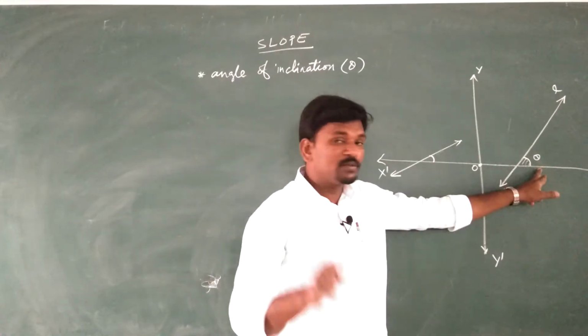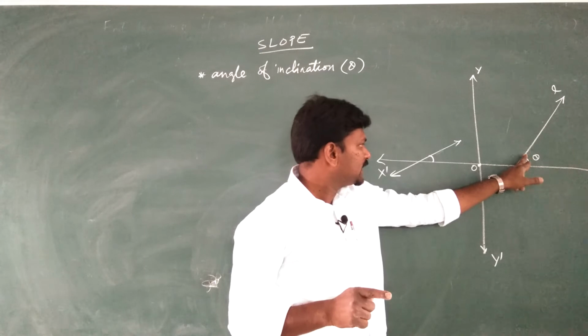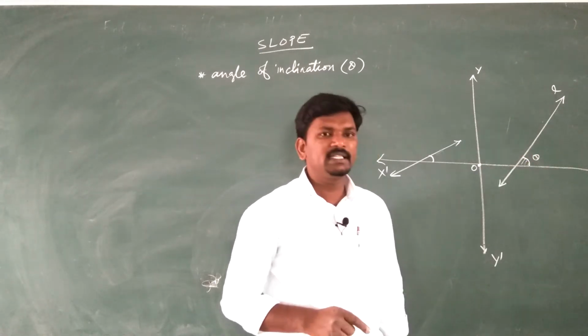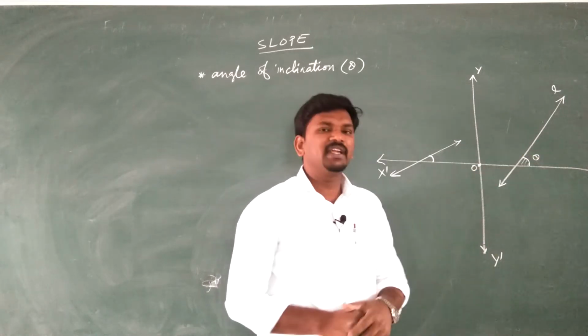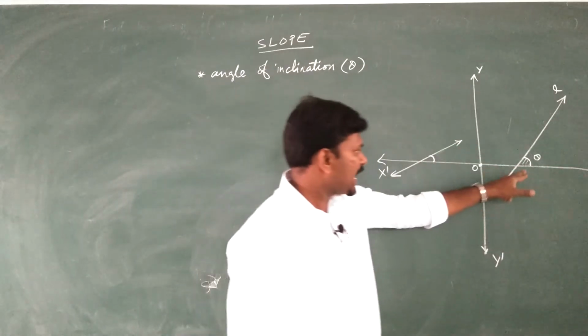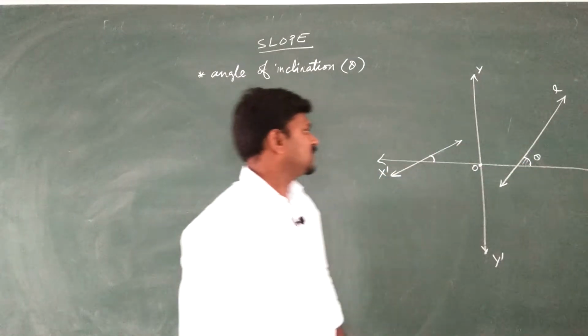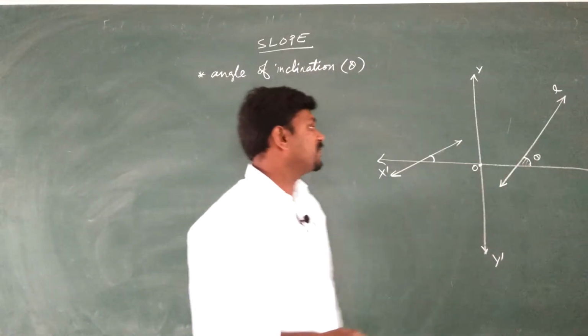You have to remember that the angle a straight line makes with the x-axis is called the angle of inclination. This angle of inclination theta determines the slope of a line.